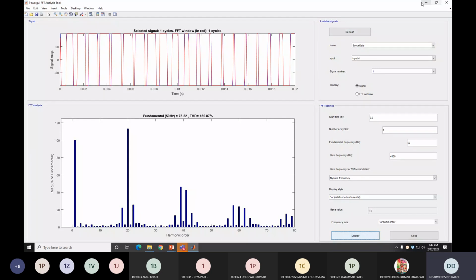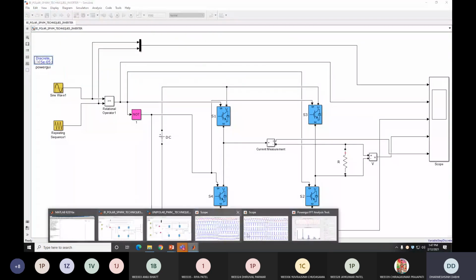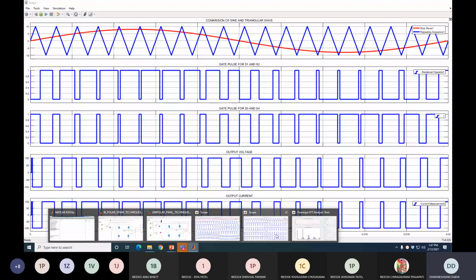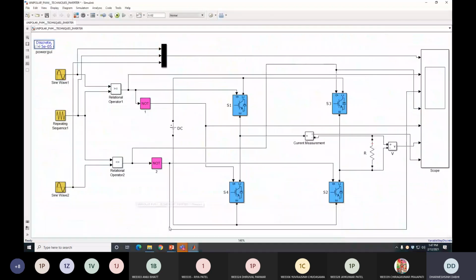Whereas in the case of the unipolar technique, I think you get almost 90 or 98%. Let's see this.